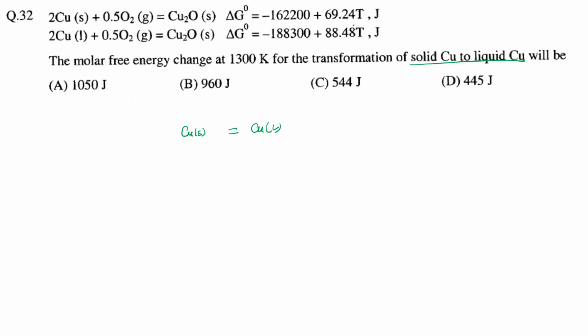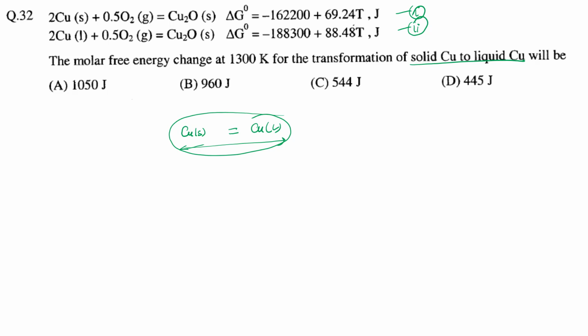If you calculate for a single change, 1 mole of copper will give 1 mole of liquid. Now we have to bring this equation from equation number 1 and number 2. How can we bring it?